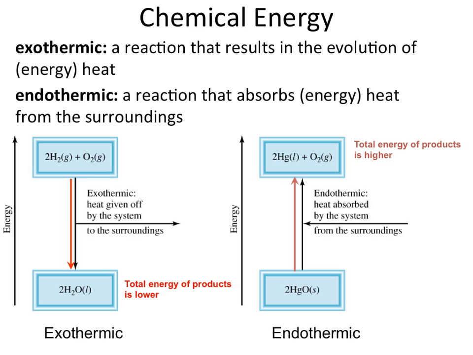And endothermic reactions are going to absorb heat from the surroundings because we're starting with lower energy reactants and wanting to get into higher energy product states. So this interplay is diagrammed nicely here with respect to chemical energy. It's the same concept as seen with the red and blue ball that we saw earlier. However, this is more useful with respect to chemistry and subsequent chemical reactions that we may be looking at.